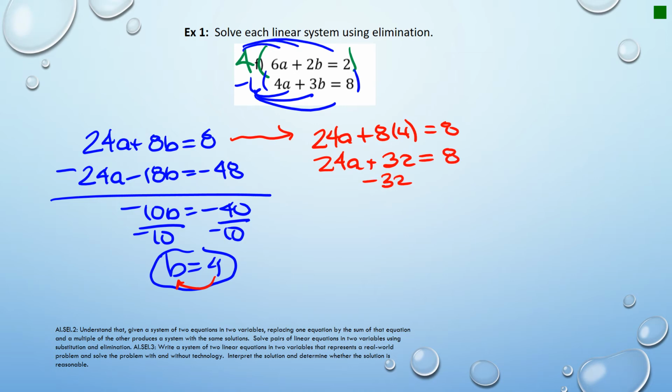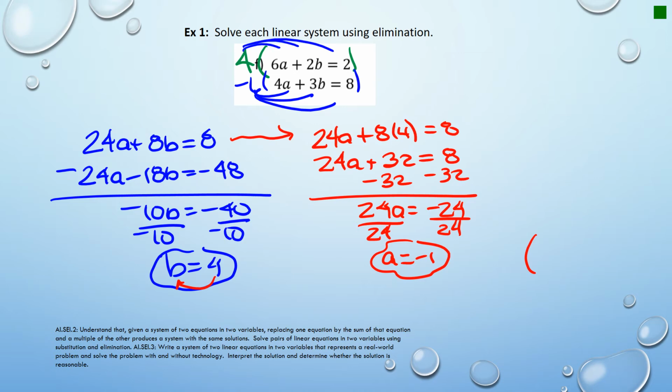I'm going to subtract 32. 24a equals negative 24. Divide by 24. A is negative 1. So my solution is negative 1, 4. Remember the secret word last time? Alphabetical order.